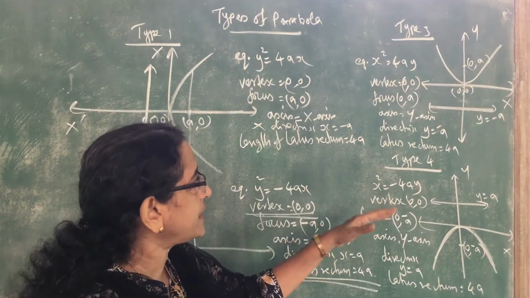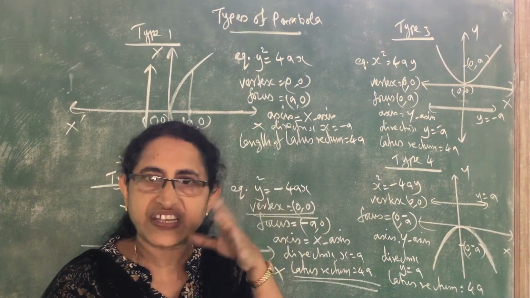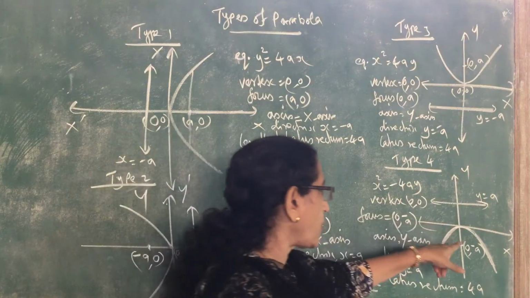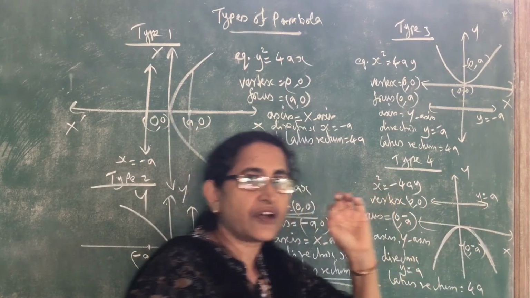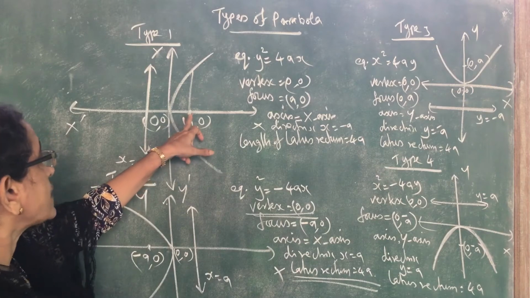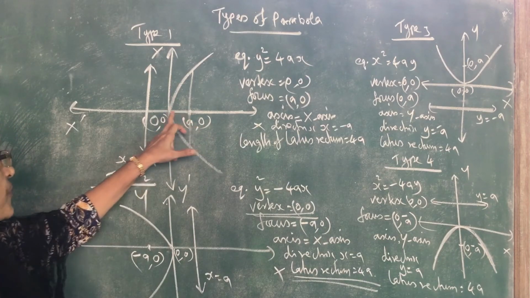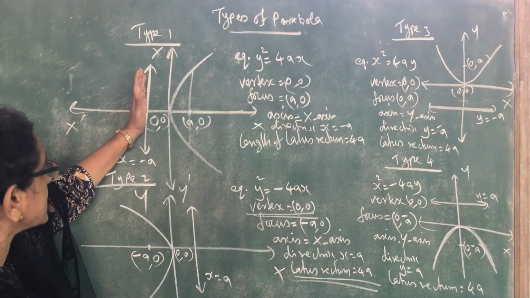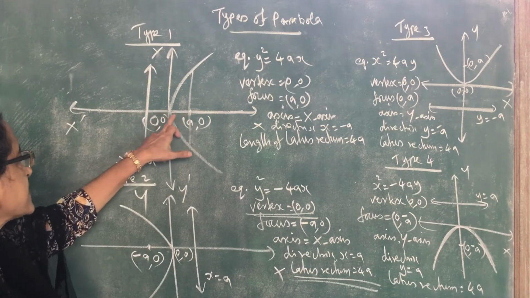Remember the figure, and always remember the focus is inside and the directrix is outside. The distance of the focus from the origin is the same as the distance of the directrix from the origin. So these two distances are equal.